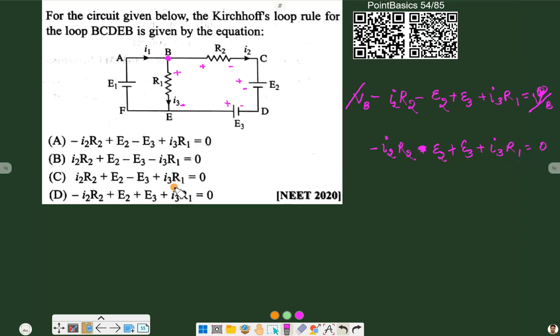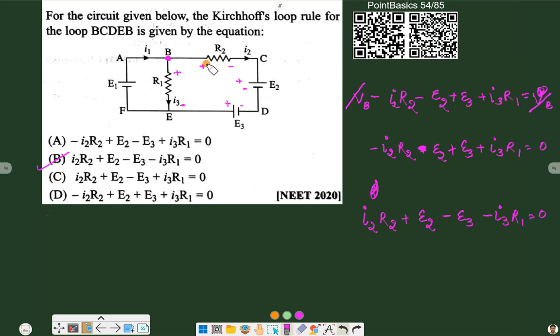So I3 R1 is positive here. Okay, this will be option B. Let's take negative common. So it will be I2 R2 plus E2 minus E3 minus I3 R1 is equal to 0. Option B.